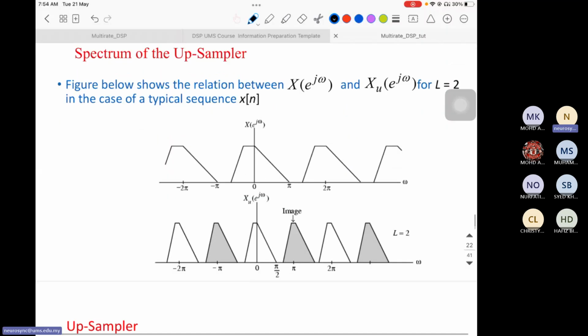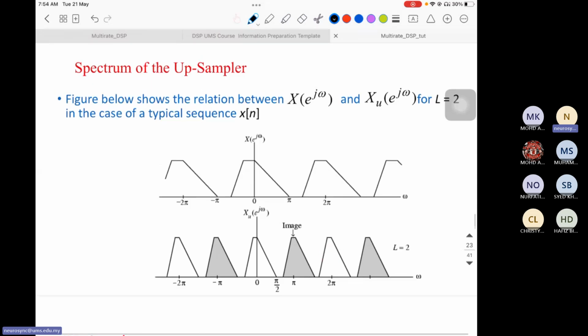Okay, so the spectrum of the upsampler. I know X of e to the power j omega goes from 0 to 2 pi. This is for L equal to 2, so we get X_U of e to the power j omega.